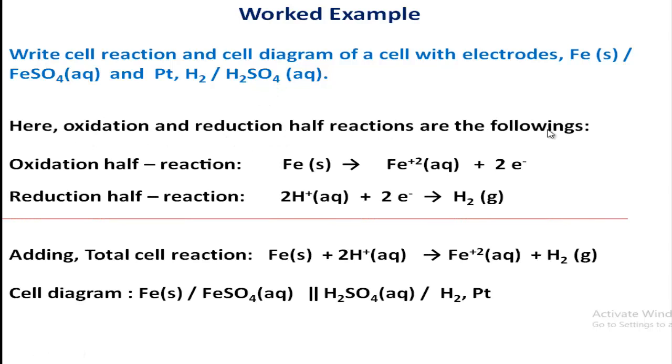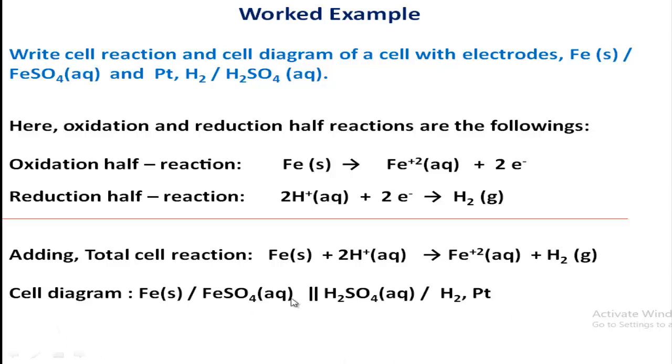The oxidation and reduction half reactions will be as follows. The oxidation half reaction: iron releases 2 electrons and is converted into iron plus 2. The reduction half reaction: 2 hydrogen ions from sulfuric acid accept 2 electrons and are converted into hydrogen gas. Adding these two reactions we get iron plus 2 hydrogen ion gives ferrous ion plus hydrogen gas.